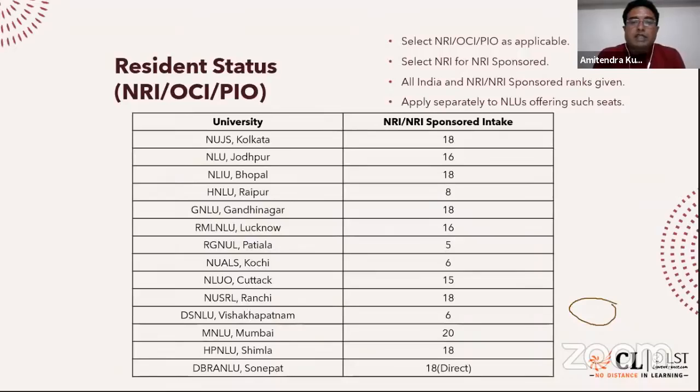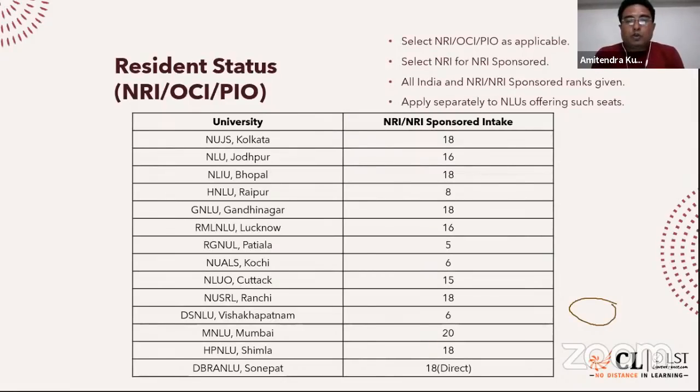So here is the list of the NLUs which are providing, and most of them are providing, barring a few, the top two are definitely not there. So NLS Bangalore or Nalsar Hyderabad, they are not providing any seats. But NUJS Kolkata, Jodhpur, even Sonipat, they are providing NRI sponsored seats. Now, even when you are applying through the NRI or NRI sponsored category, remember one thing, that you are required to appear for CLAT 2021.